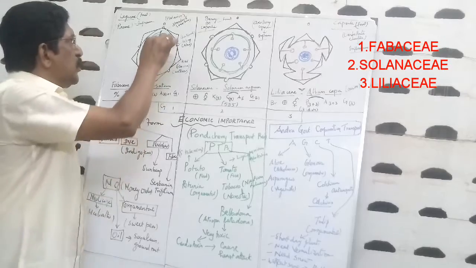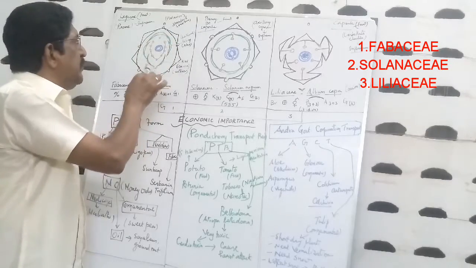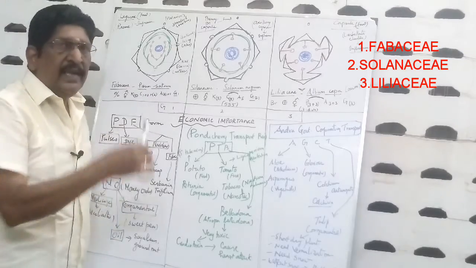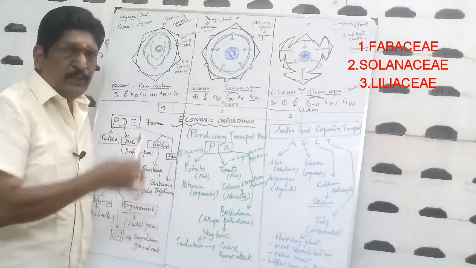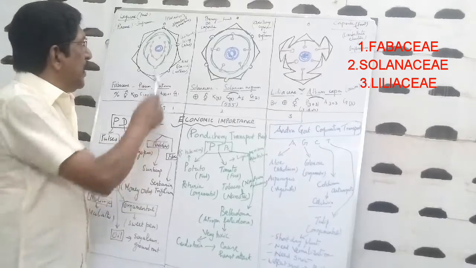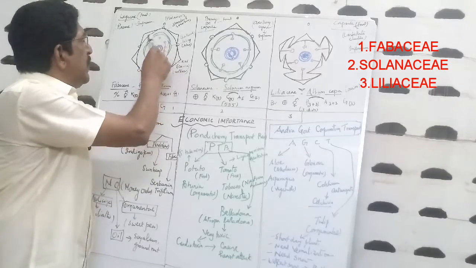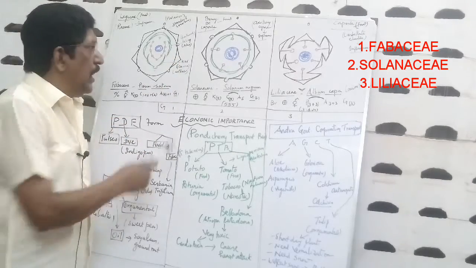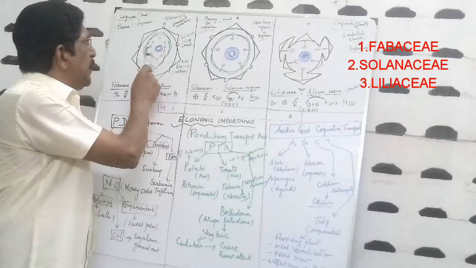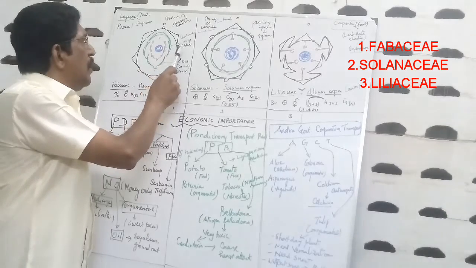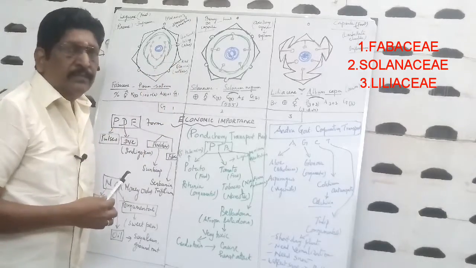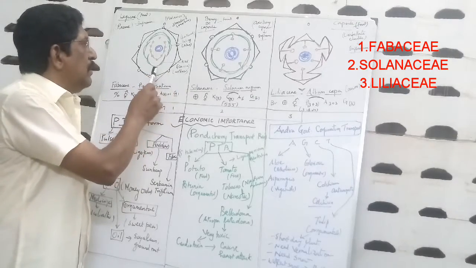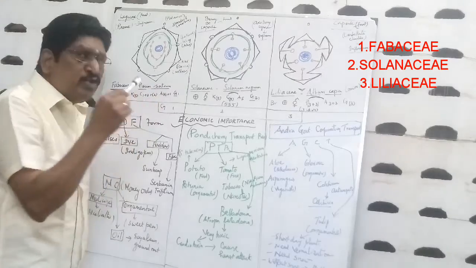That is called the vexillary arrangement of the petals, the vexillary aestivation, wherein you get one larger standard petal called vexillum, and within that you get 2 wing petals or alae, and within that you get 2 keel petals or carina, which are fused together.